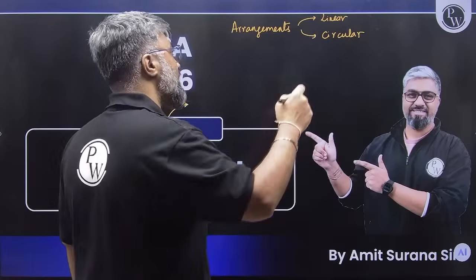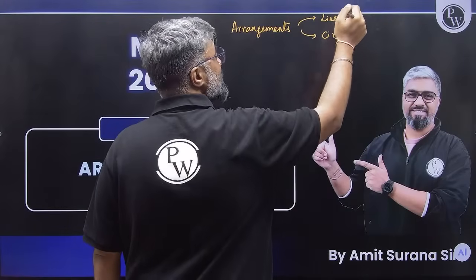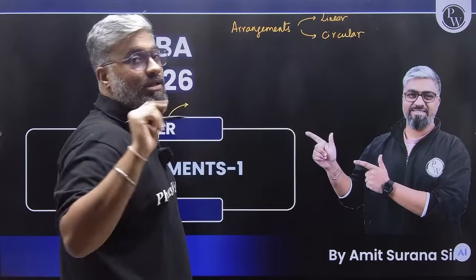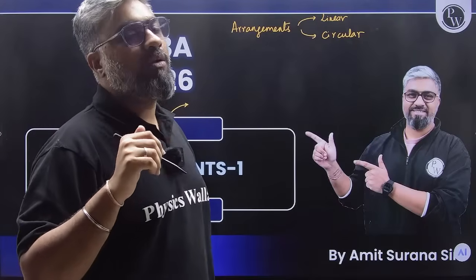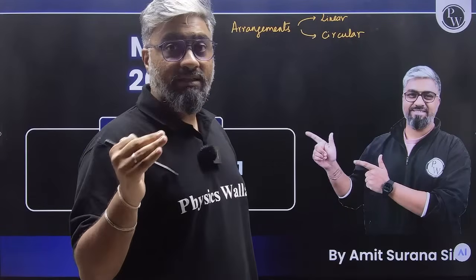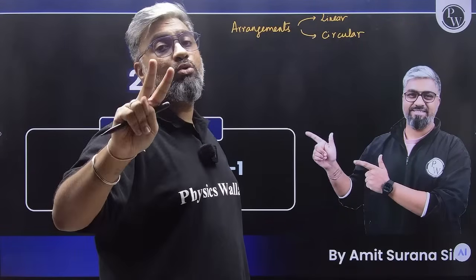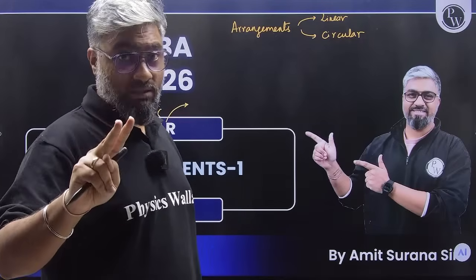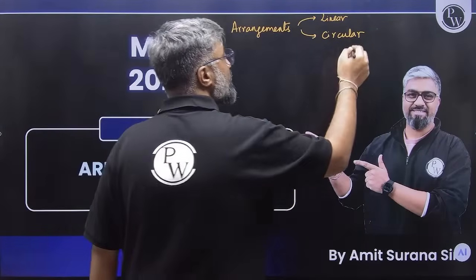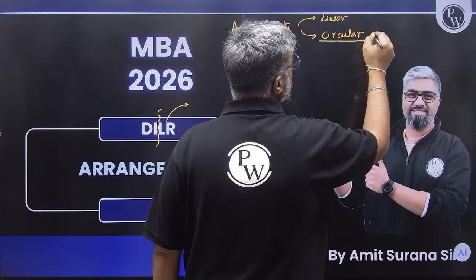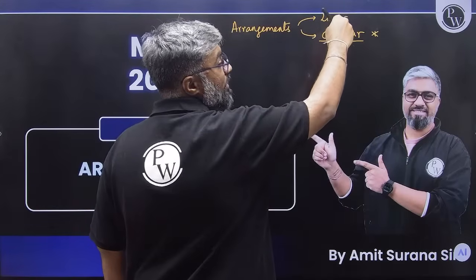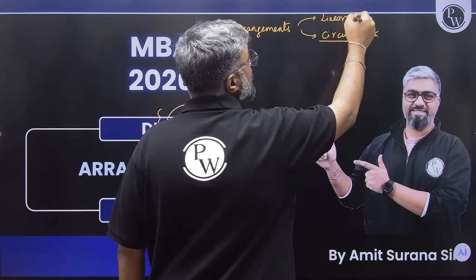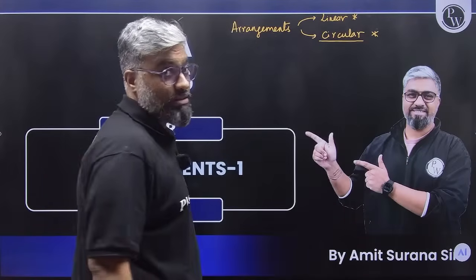Especially if you look at last year's paper, CAT 2025, in the 3 slots that we received, we came across 2 circular arrangement questions, 2 sets purely based on circular arrangement. So you can only do circular arrangement questions if you're comfortable with linear. So this automatically becomes important as well.